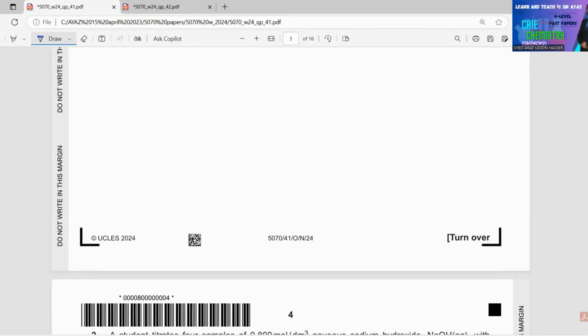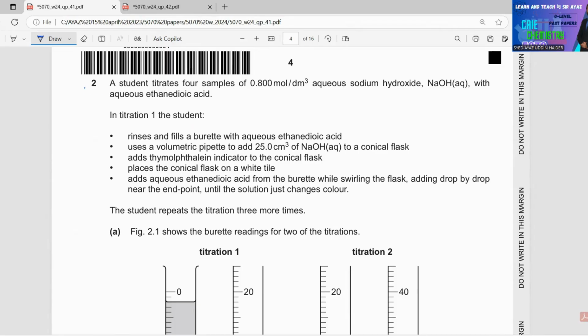Moving to the next question, which is question number 2. A student titrates 4 samples of 0.8 mol per dm cubed aqueous sodium hydroxide, NaOH, with aqueous ethanedioic acid.